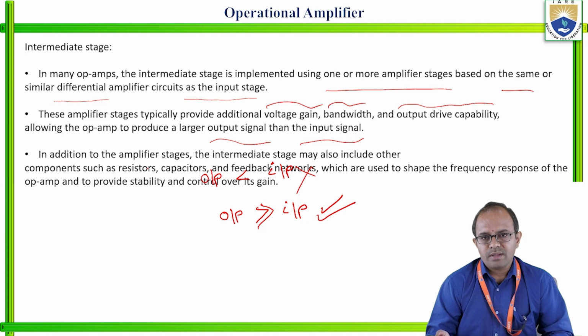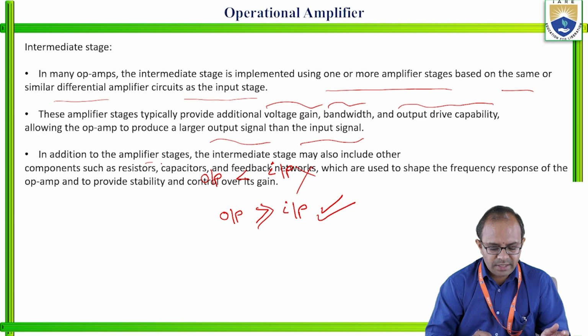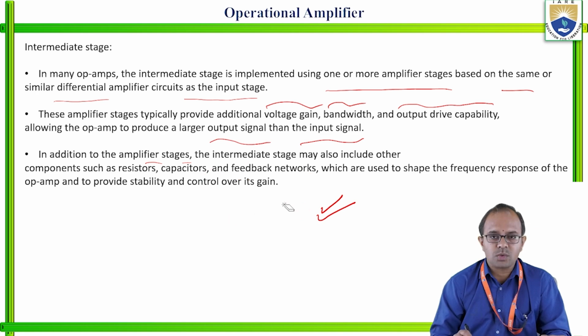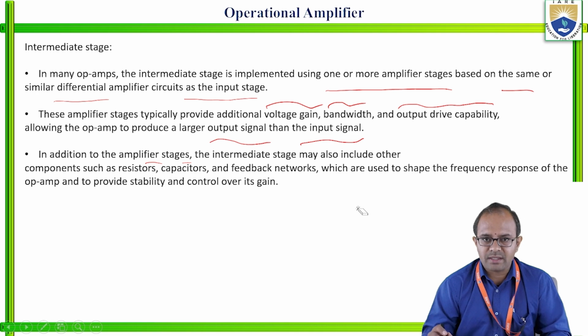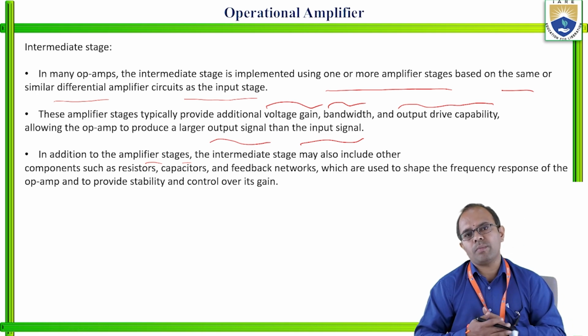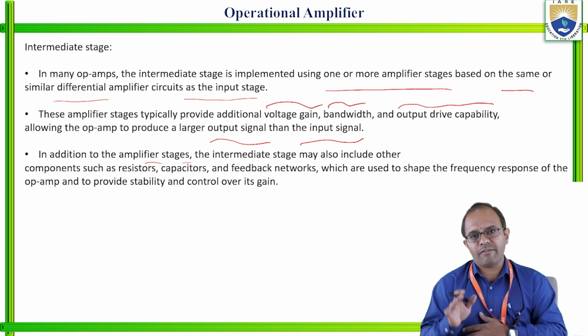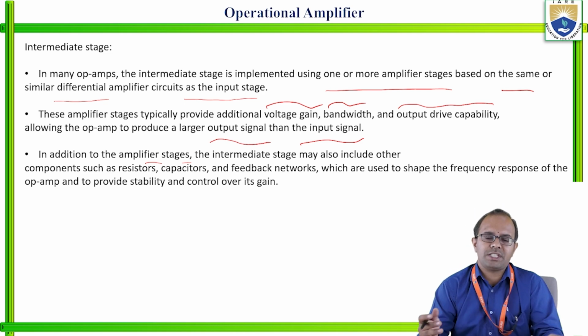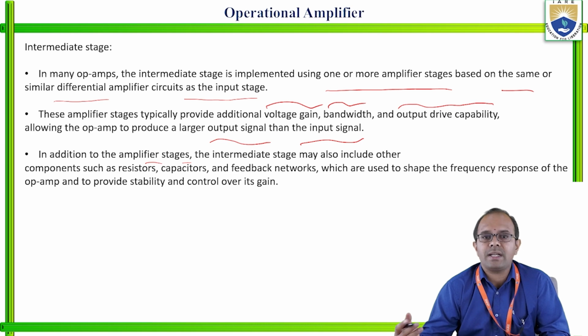As usual, other than the transistors, you may consider resistors, capacitors, and there may be a feedback network to sense the nature of your output signal, because we need to know whether we are able to achieve the required output voltage or not. So you need to sense these things continuously.